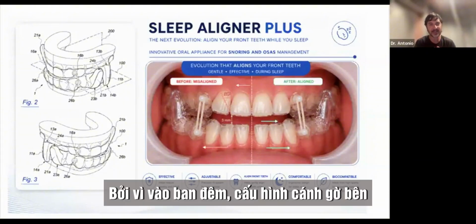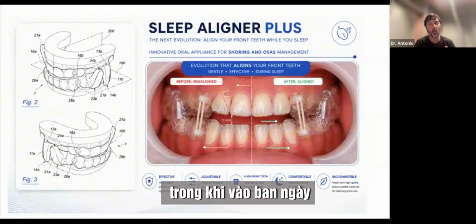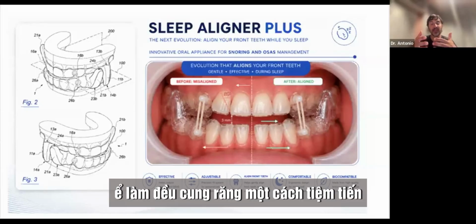Because at night, the lateral wing configuration is used to manage sleep disordered breathing, whereas during the day, the simple aligner functions as a standard orthodontic aligner to progressively align the dentition.